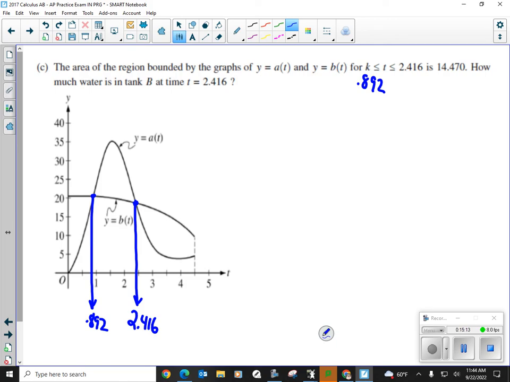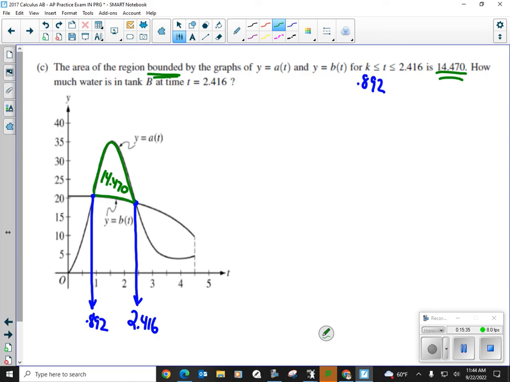So they're talking about the area between graph A and B, which is 14.470. If it is bounded, that means the boundaries are my A graph and my B graph.